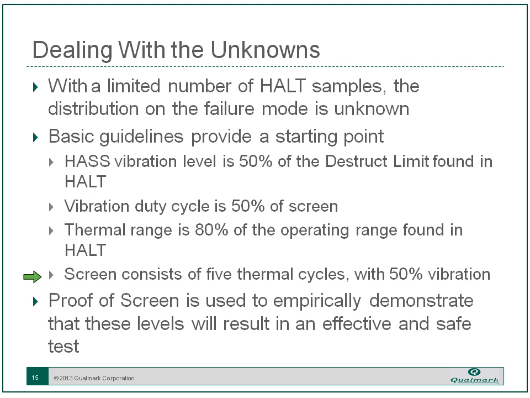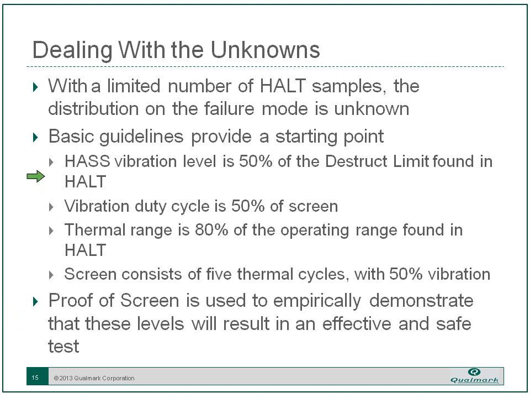With 5 cycles, you have some resolution there on where things are really failing. And if you go to proof of screen and find out that that might be too stressful, you reduce the stresses rather than reducing the number of cycles so that you can keep that resolution in your results. And proof of screen is the process that we use to empirically demonstrate that those levels will result in an effective and safe test. Two portions, effectiveness and safety.